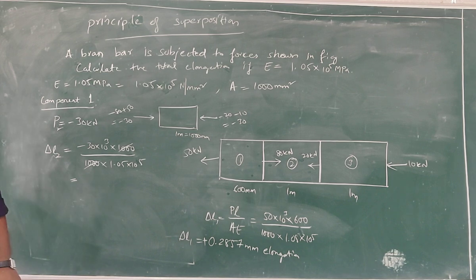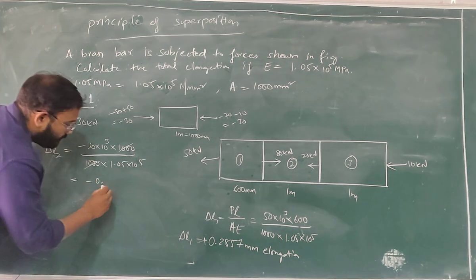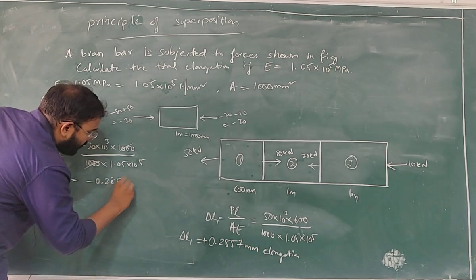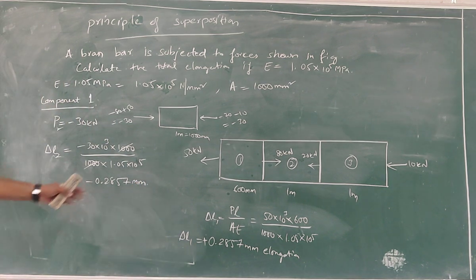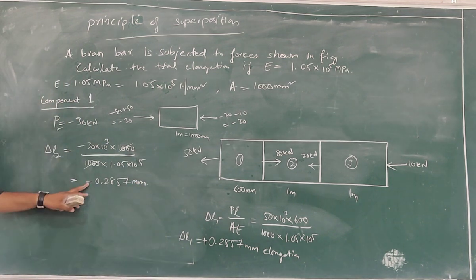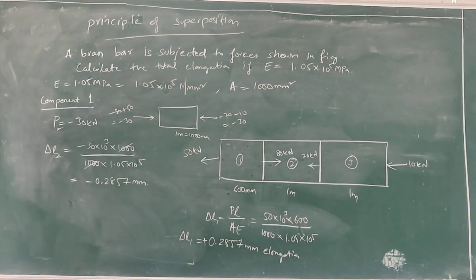Same again, minus 0.2857 mm. Okay, we got the same contraction here. Now this is minus. Why? Because it is subjected to compressive force. It should be taken negative.